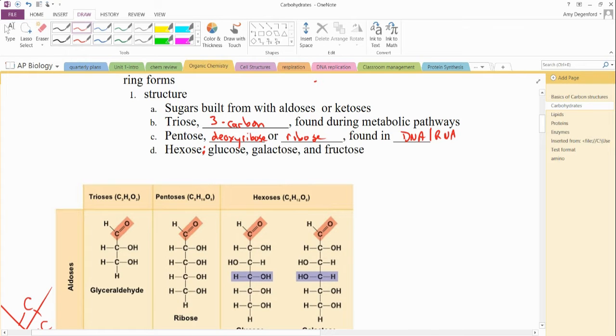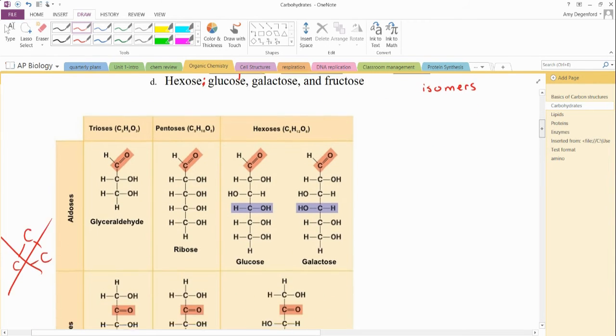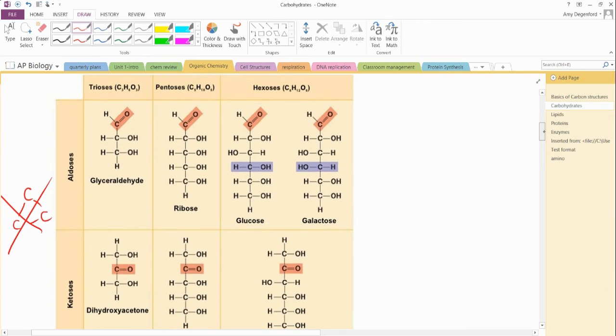And then we have our 6 carbon hexoses, glucose, galactose, and fructose. Now, one thing that you will notice is that these are all isomers of each other. They have the same molecular formula, but they're built slightly differently, and that's going to be enough to change sometimes their behavior. So let's take a look at these structures.